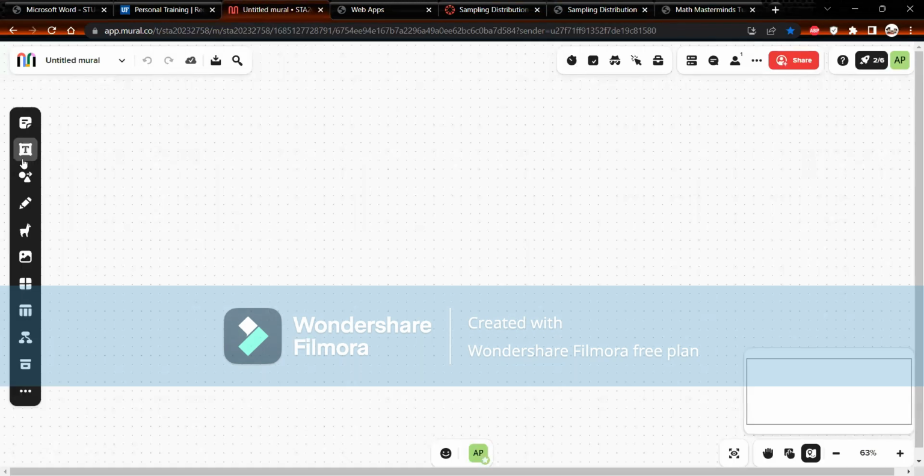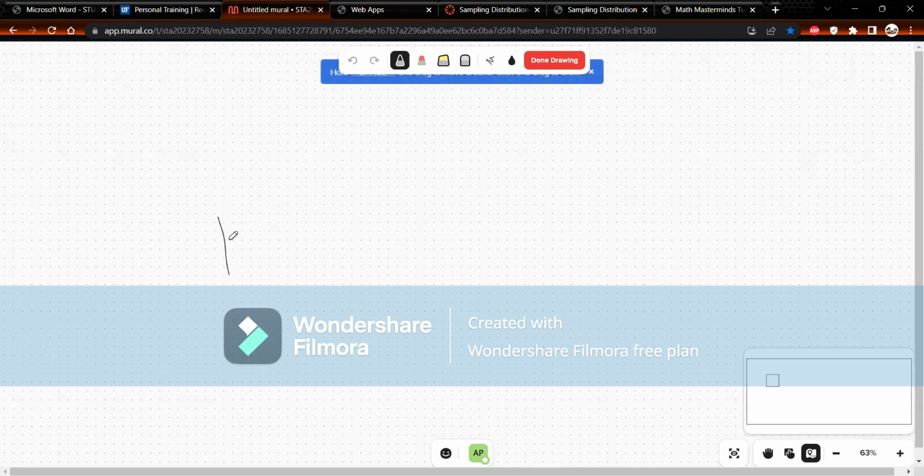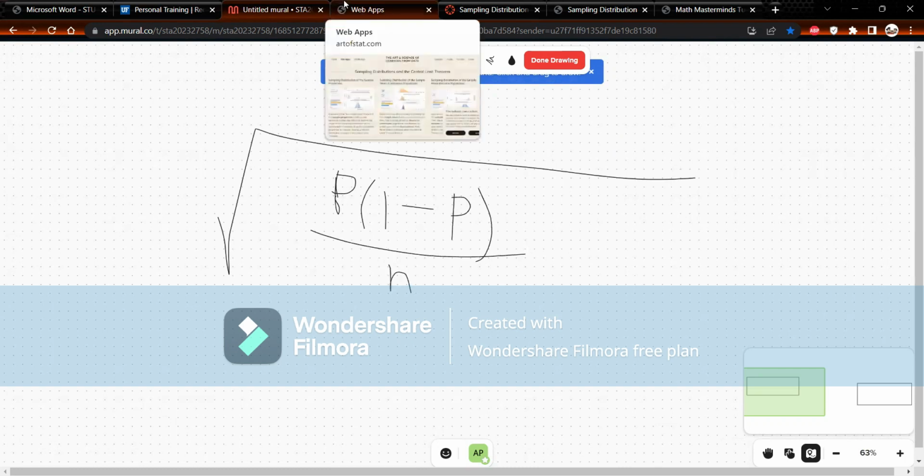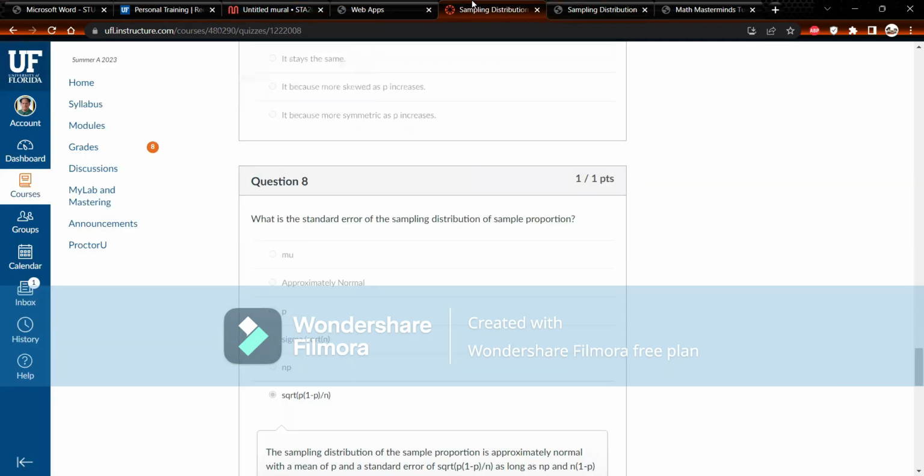But it looks in your notes. Let's see. Square root. Excuse the bad handwriting because this is on a mouse. P, 1 minus P, over N. Am I correct? Yes. And this is all square rooted.